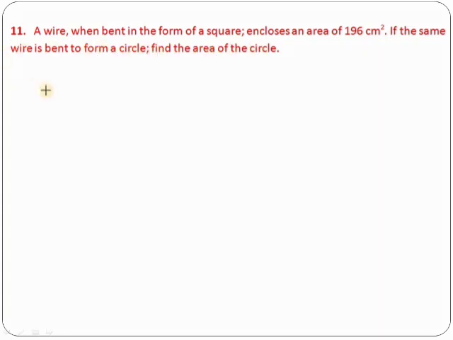Okay, so understand this situation. There's a wire, and when you convert this wire into a square, its area will be 196 centimeters square.